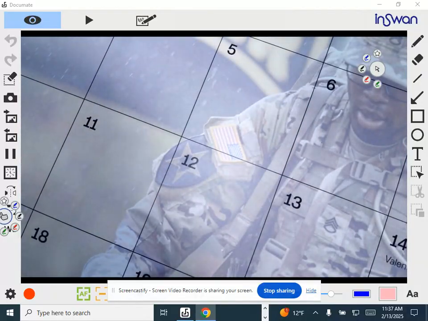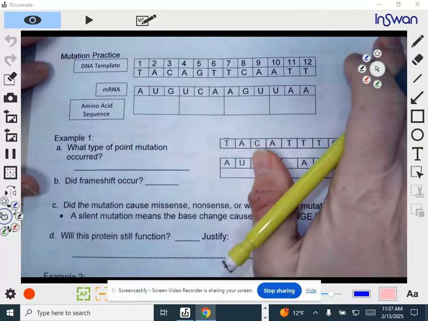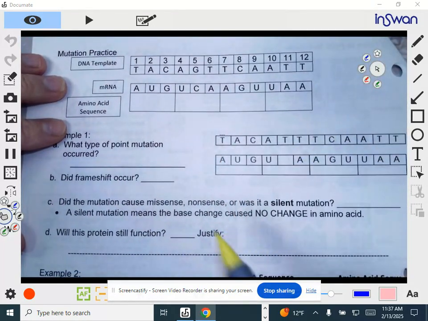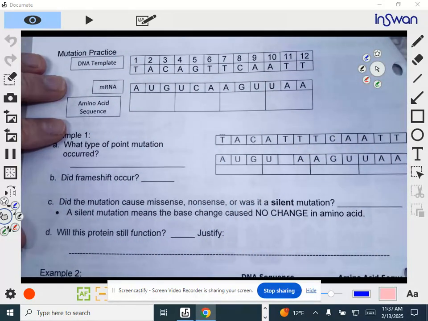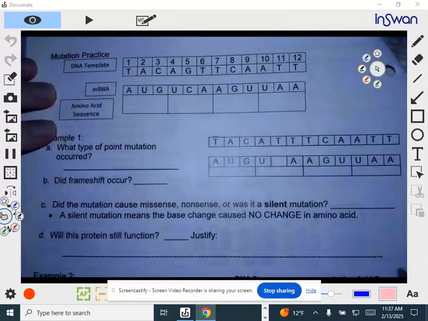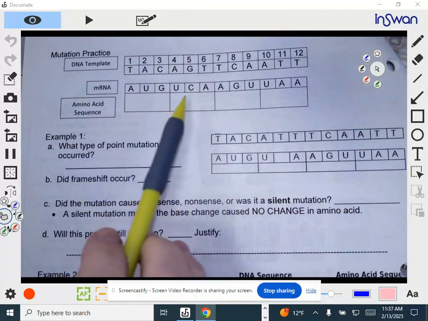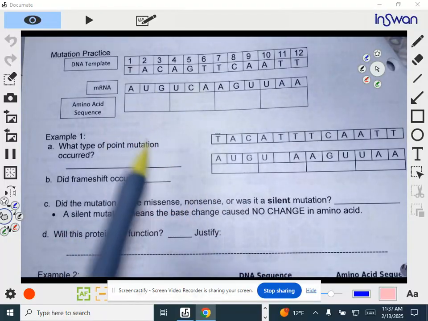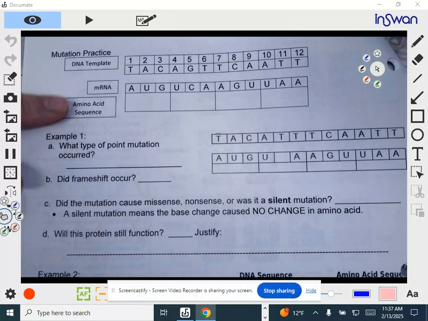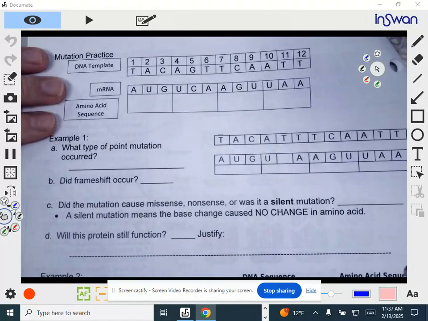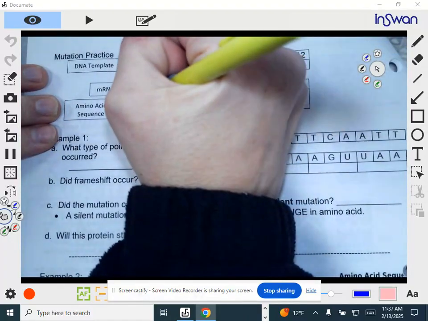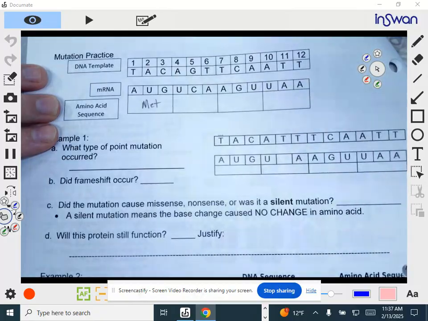All right, so let's move on to this back page right here, and let's do this quick practice. And then I'm going to have you do some problems and analyze what type of point mutation is occurring here. So we should be able to quickly translate our mRNA and figure out the amino acid sequence. So this is showing you, this is DNA, here's our mRNA, and we should be getting a protein that has methionine.